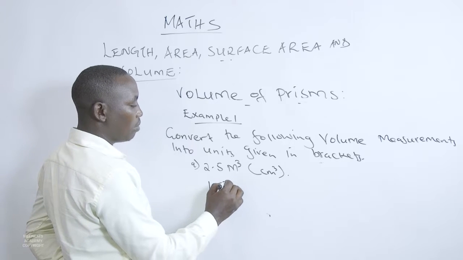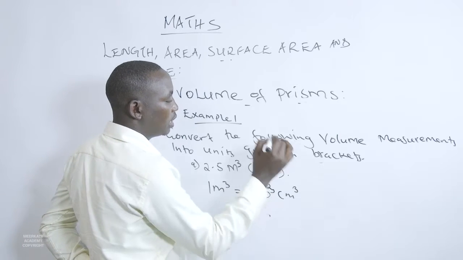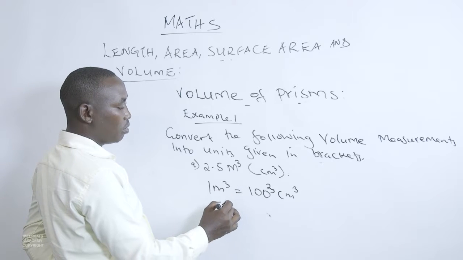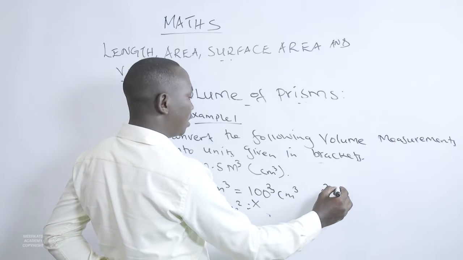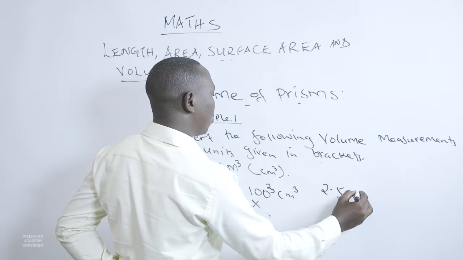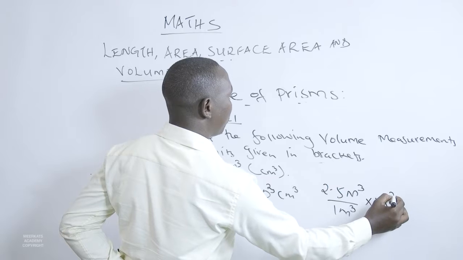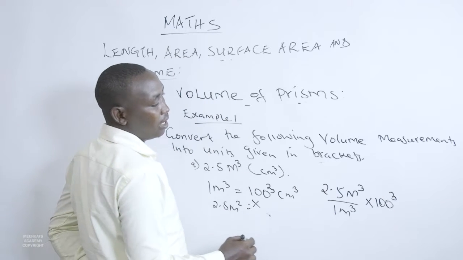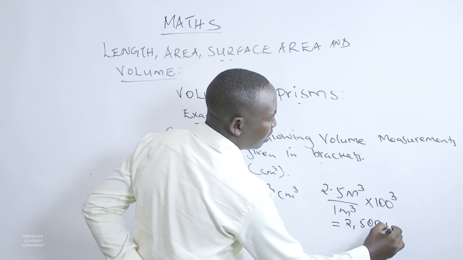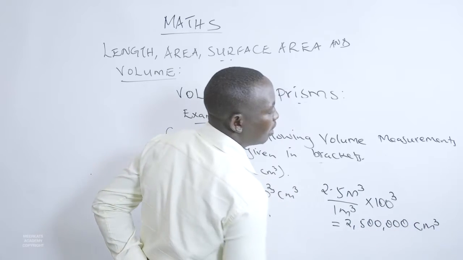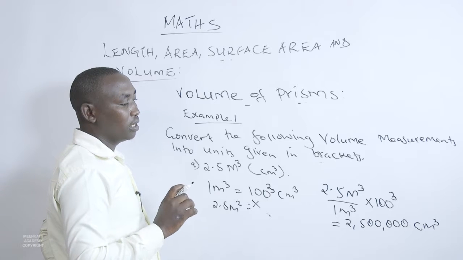That means that 1 cubic meter is equivalent to 1 million cubic centimeters. So for 2.5 cubic meters, we do a cross multiplication: 2.5 meters cubed divided by 1 meter cubed multiplied by 100 cubed, and this will give us 2,500,000 cubic centimeters.